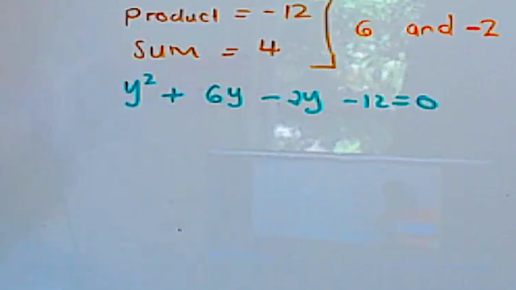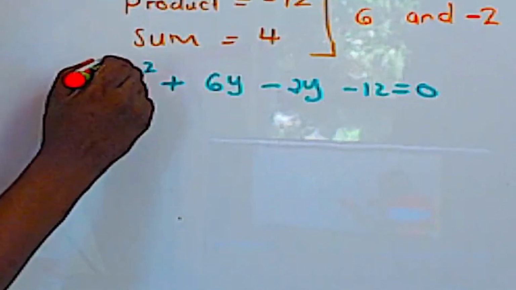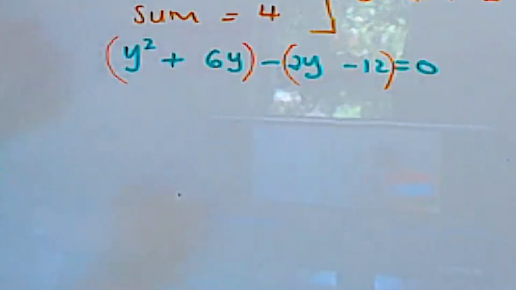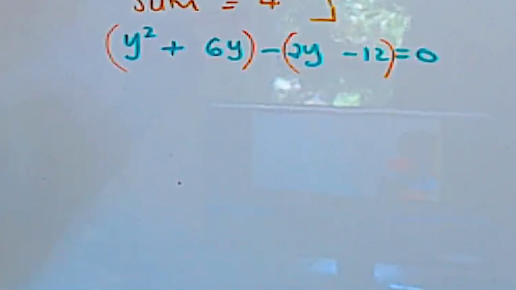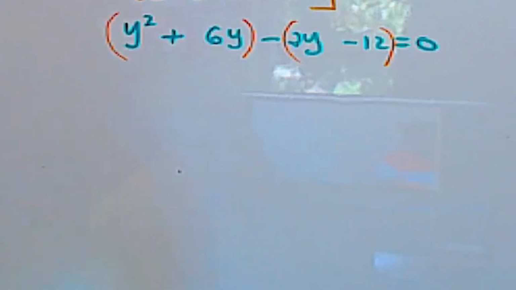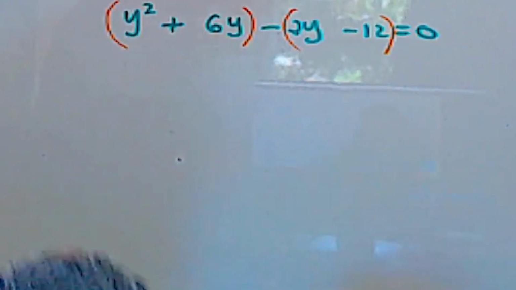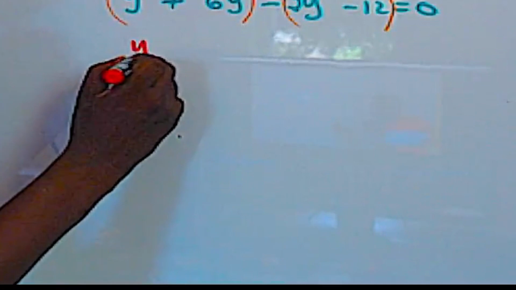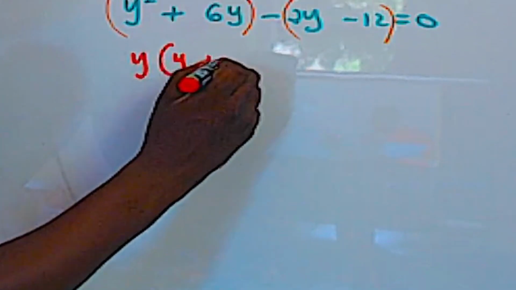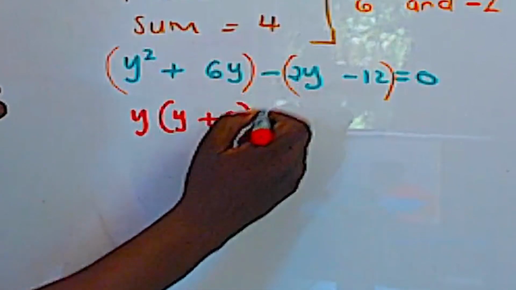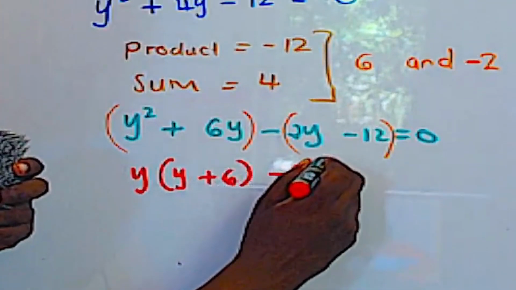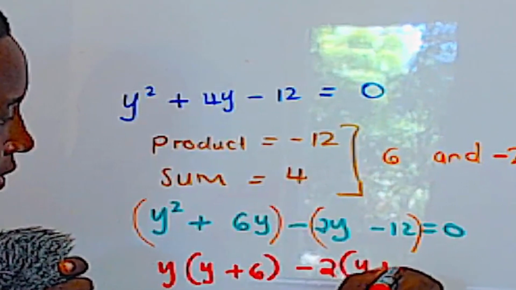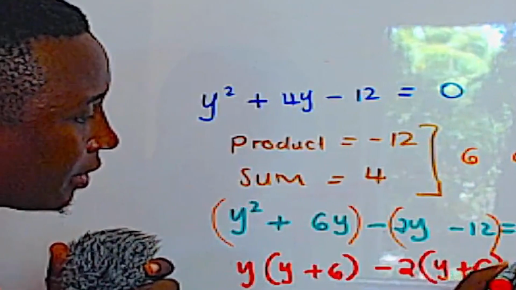Then we are going to group these together and pick out what is common. In the first bracket, we are going to factor out y, and we remain with y plus 6. And here we are going to factor out negative 2 so that we remain with y plus 6 equals to 0.